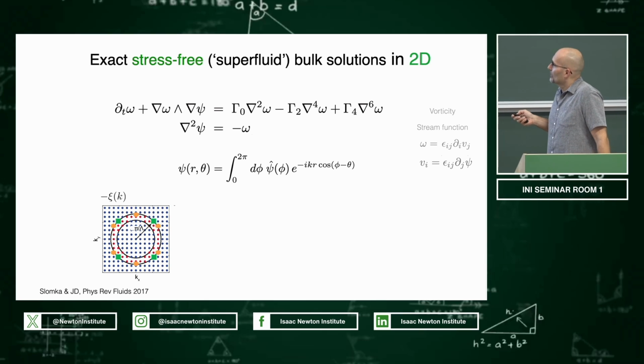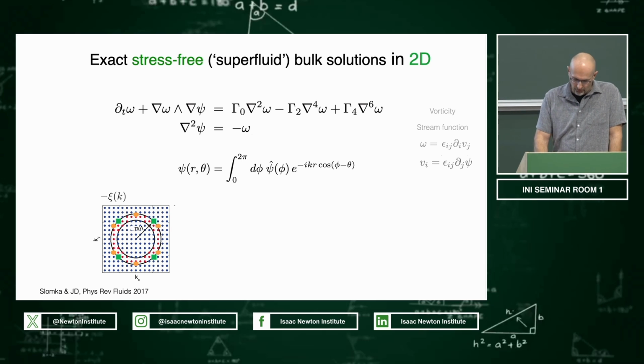And what you find is basically that you can choose the stream function in such a way that the advective term vanishes, and then to get a stationary solution, you only have to pick your wave number in such a way that the dispersion relation becomes 0. So that means you pick a wave number that's either on this inner or this outer ring.